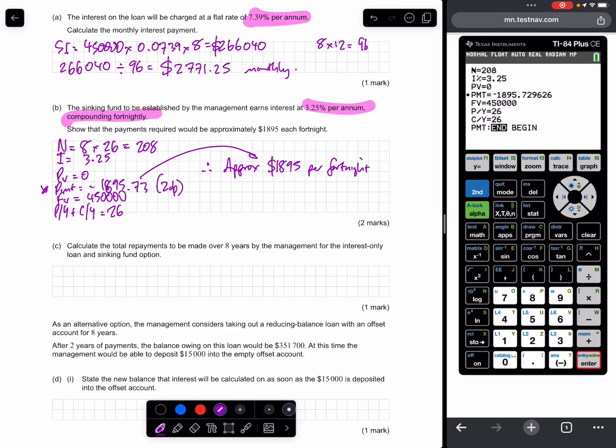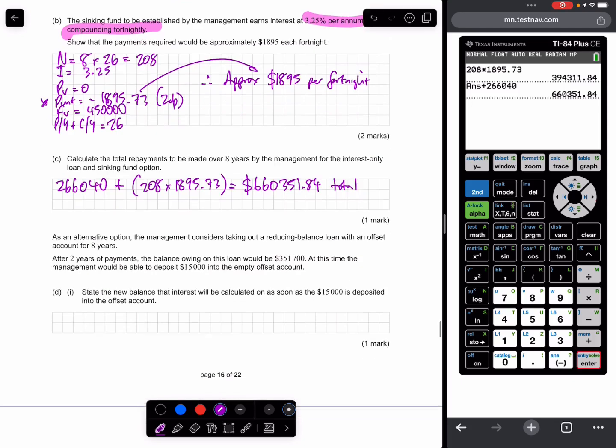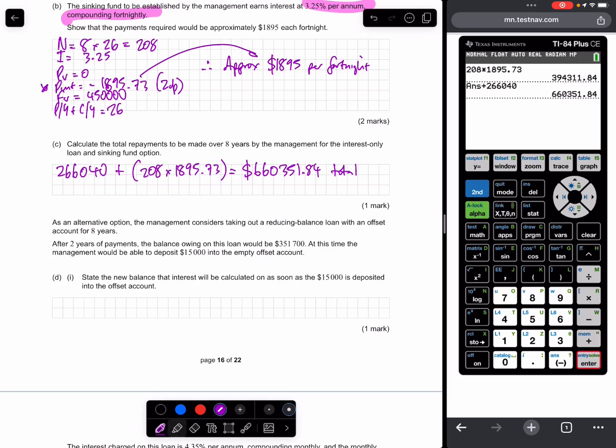They need to pay $266,040 in total for the interest-only loan, plus 208 payments of $1895.73. 208 times 1895.73 plus 266,040. $660,351.84 total.